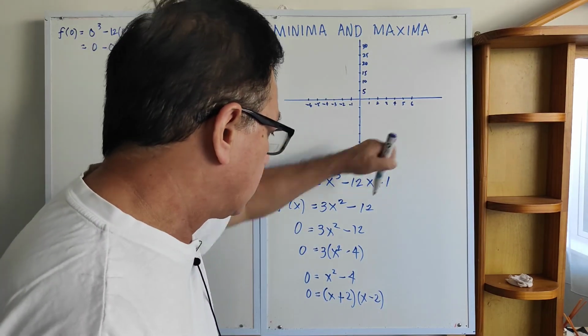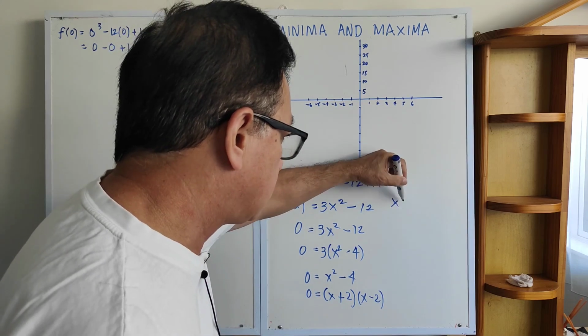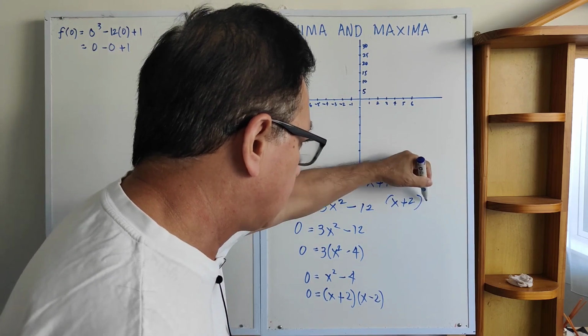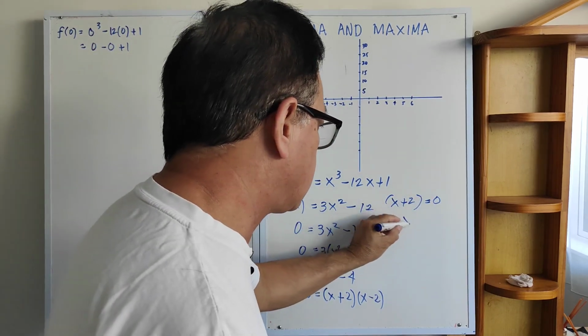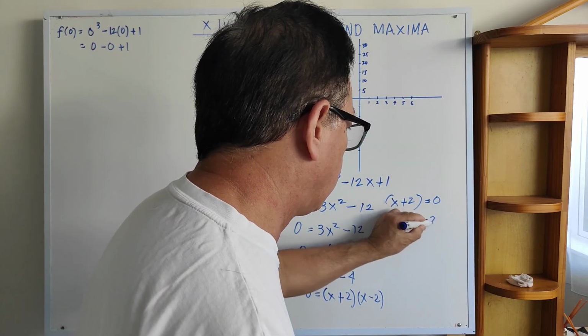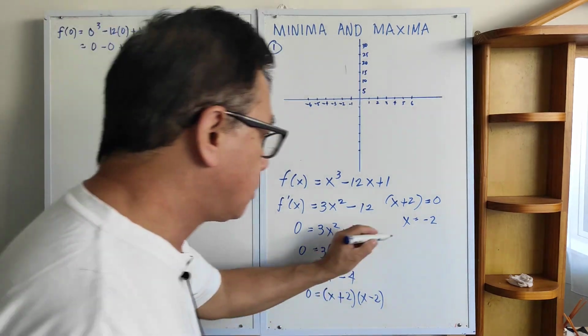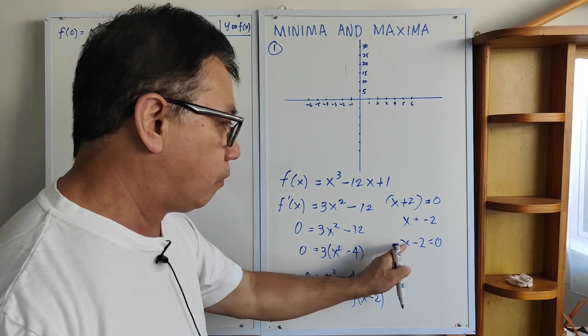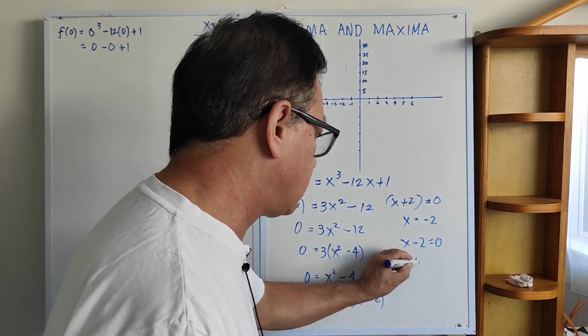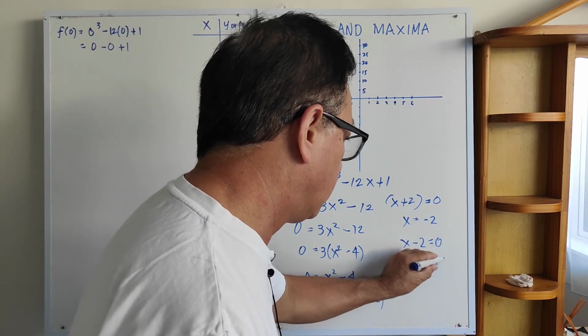So x plus 2 equated to 0, subtracting 2 on both sides, x is equal to negative 2. Now x minus 2 equals 0. We add 2 on both sides of the equation, and you have x is equal to 2.